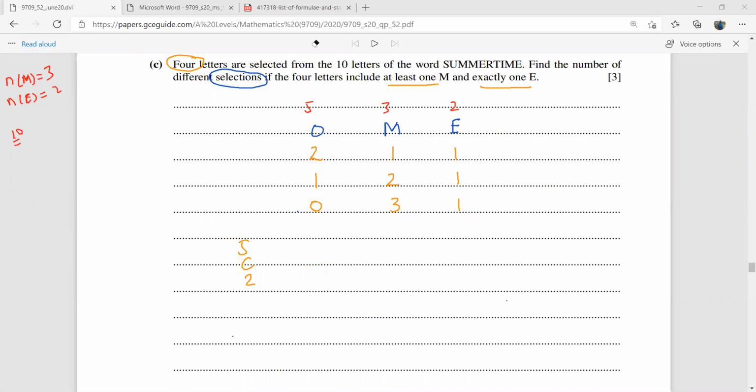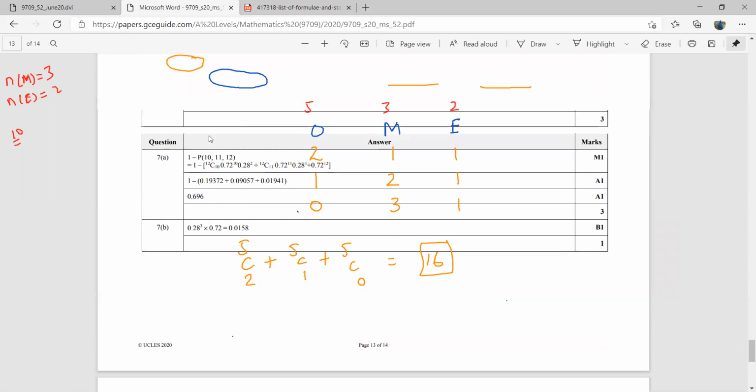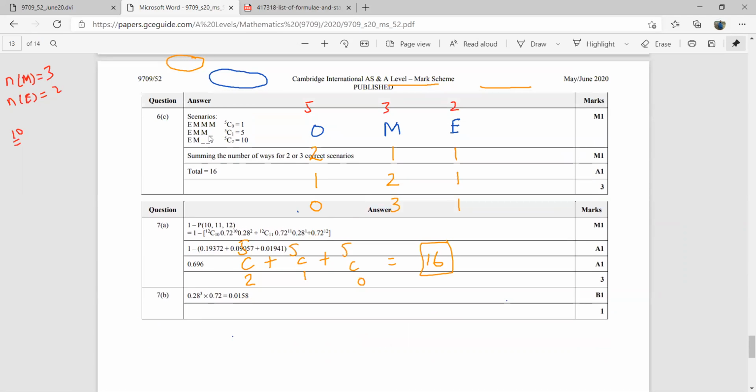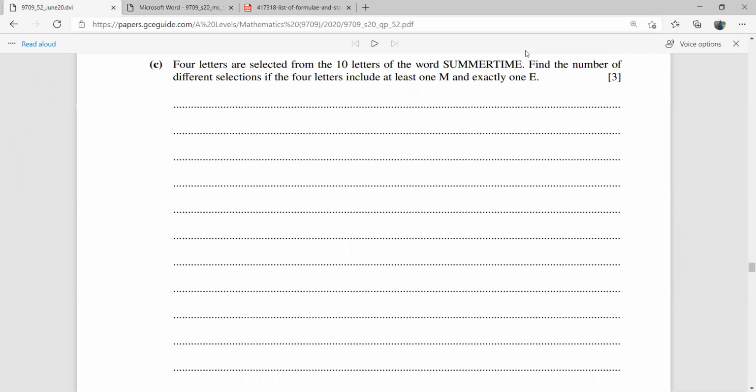So this is 5C2 plus 5C1 plus 5C0. So this is 16. And we can check the answer as well. This is question number 6. Yes, this is 16. And now we head towards the last question of this paper.